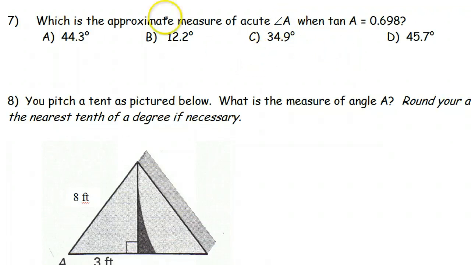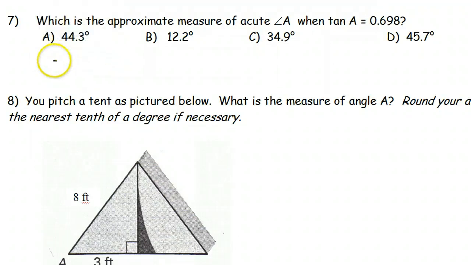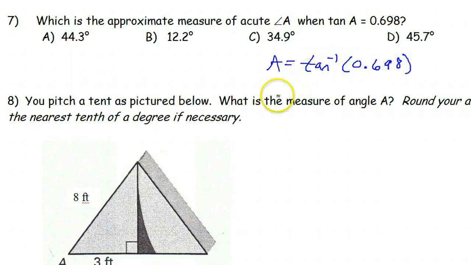Inverse trig functions. I hope I have thoroughly drilled into your brain. Inverse trig functions. So if the tangent of A equals this, A will equal the inverse tangent of this number. So inverse tangent of 0.698.